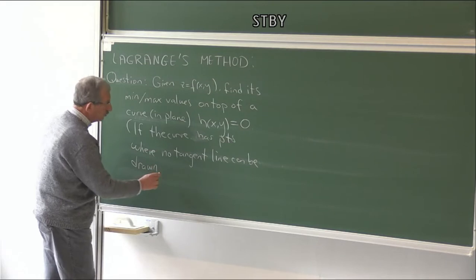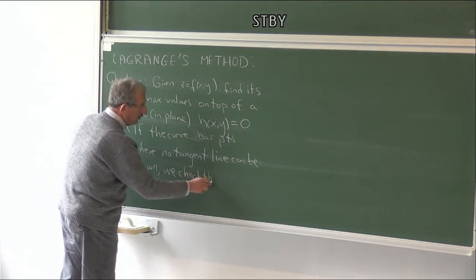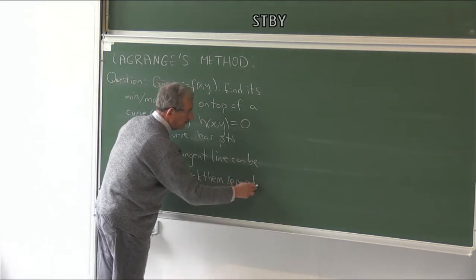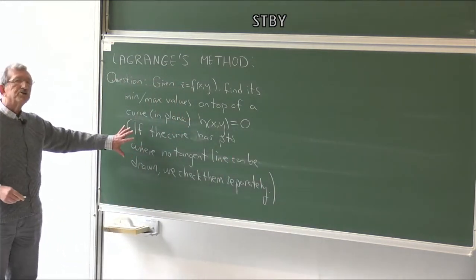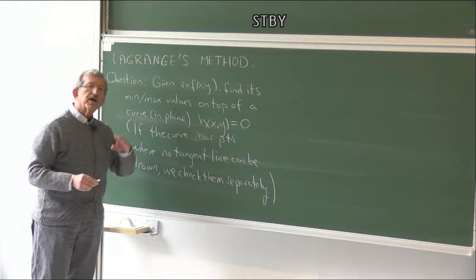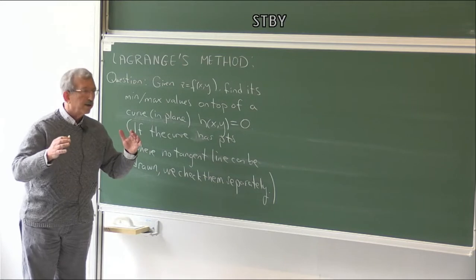We check those points separately. Okay. So this is not part of the Lagrange problem. So what we expect here is that this curve is a smooth curve, basically, like a circle or an ellipse.